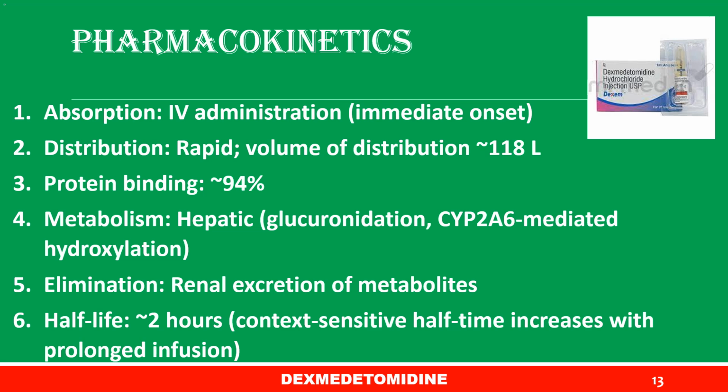Hepatic glucuronidation and CYP2A6-mediated hydroxylation. Dexmedetomidine is broken down in the liver. 5. Elimination. Renal excretion of metabolites. The broken down parts of dexmedetomidine leave the body through the kidneys. 6. Half-life. Approximately 2 hours. Context-sensitive half-time increases with prolonged infusion. Dexmedetomidine's effects reduce in about 2 hours, but this can change if given for a long time.